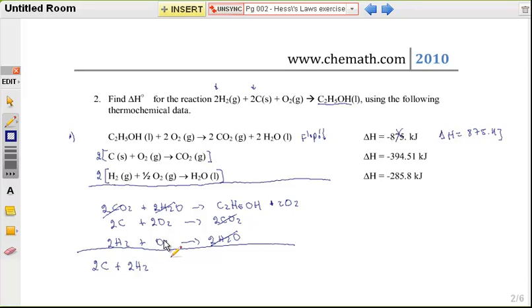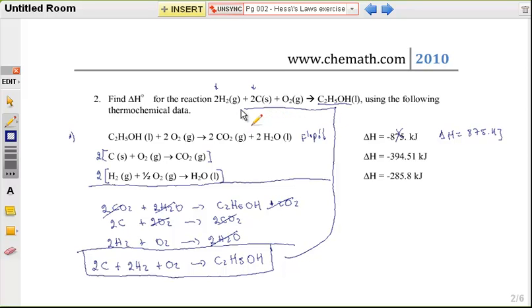So this one and this one cancel out oxygens, we have only 1 oxygen and produce C2H5OH, and this is the same equation that we need from that one.